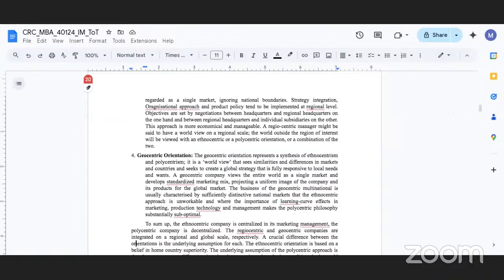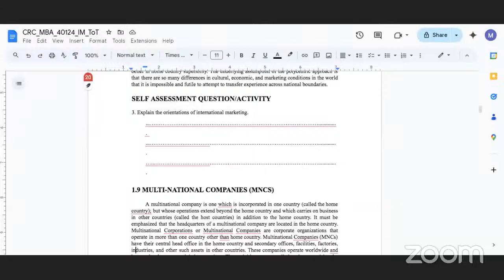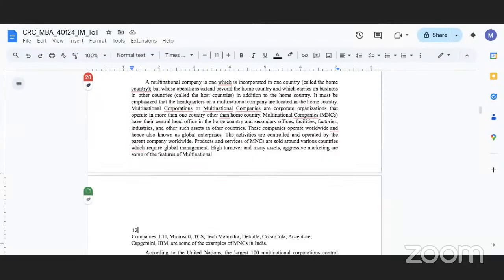So let's move on to the next one, that is in terms of multinational companies. We'll talk about this briefly before we close today's session. A multinational company is one which is incorporated in one country called the home country, but whose operations extend beyond the home country and which carries on business in other countries.